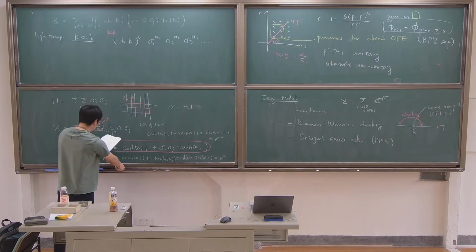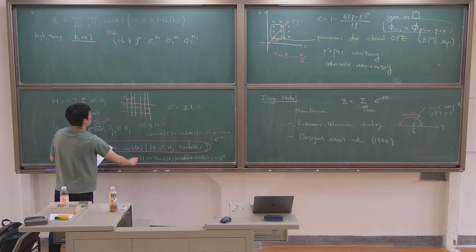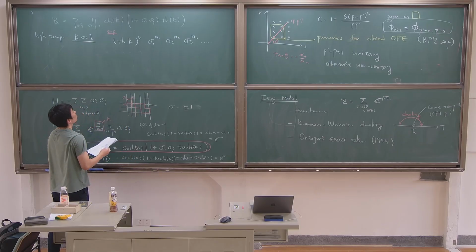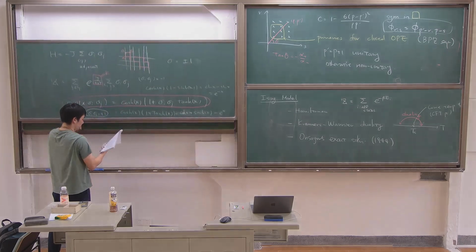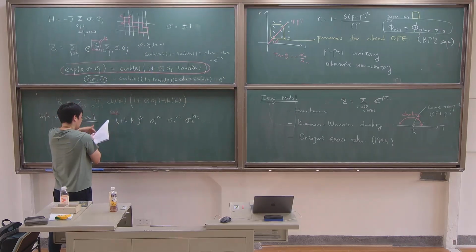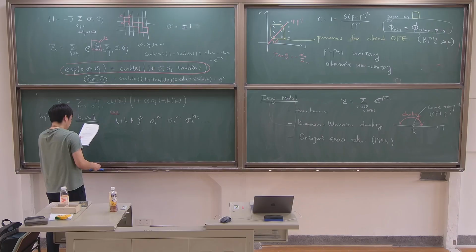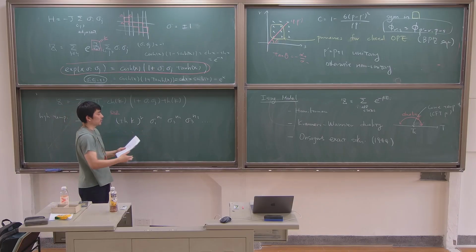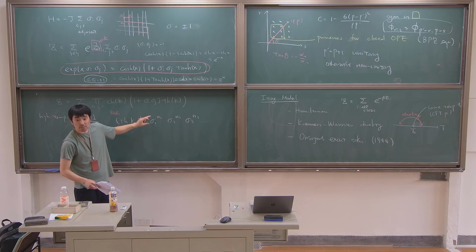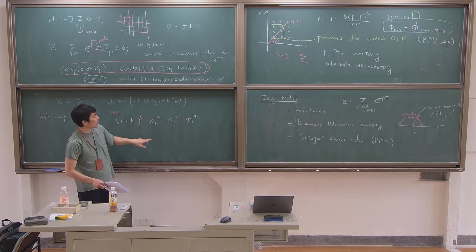And then you can consider this kind of closed circle to compute the partition function. And sigma i takes plus minus 1.